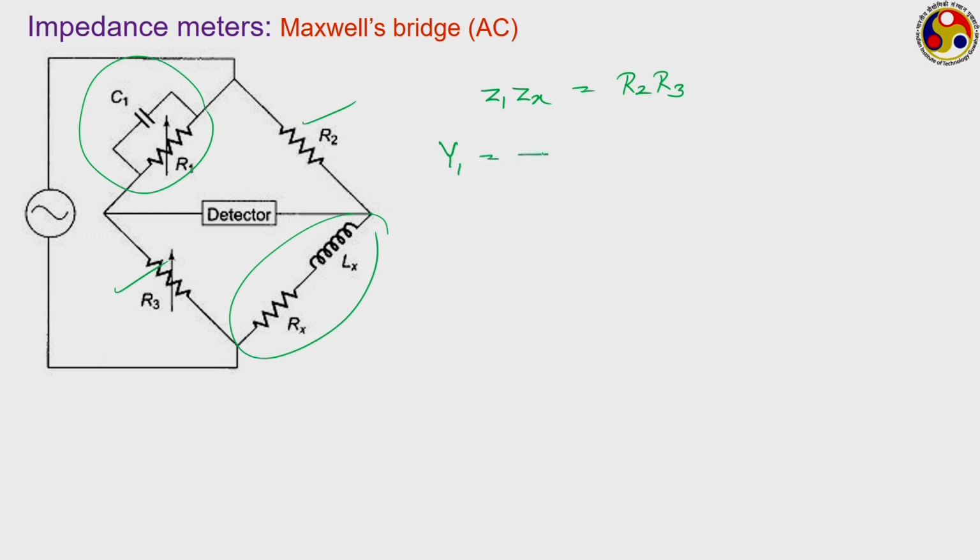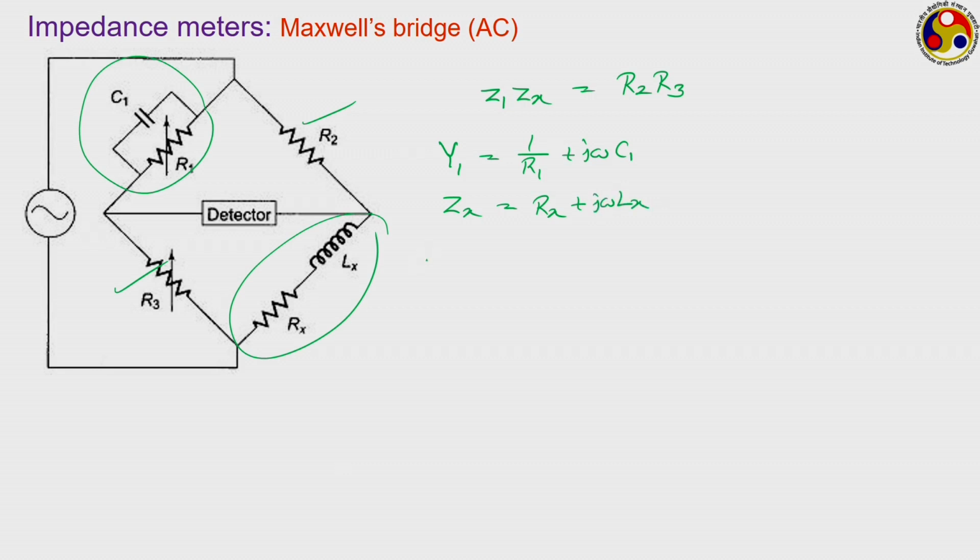So, we should generally write it as the admittance is equal to 1 upon R1 plus j omega C1, whereas Zx is equal to Rx plus j omega Lx.